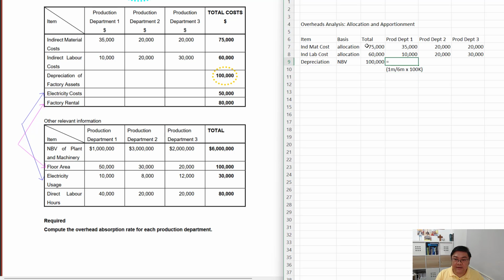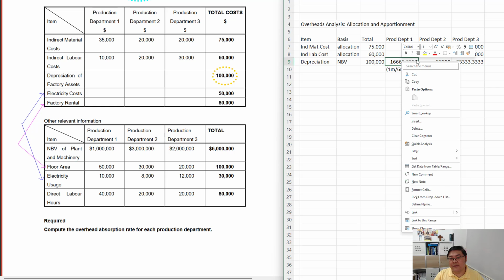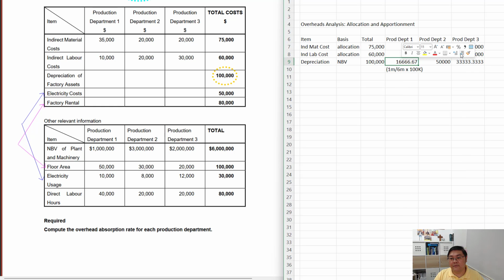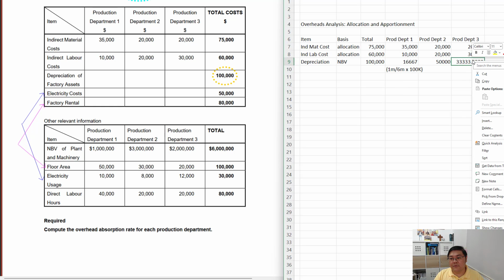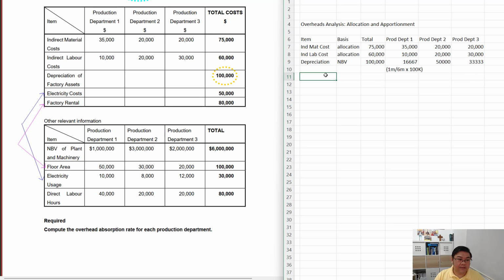So you're taking 1 out of 6 multiplied by this. That's the amount that you're having. And then you're taking 3 out of 6 multiplied by this. And then you're taking 2 out of 6 multiplied by this. And we have to round it, let's say, to the nearest dollar. I don't really need the decimal point.